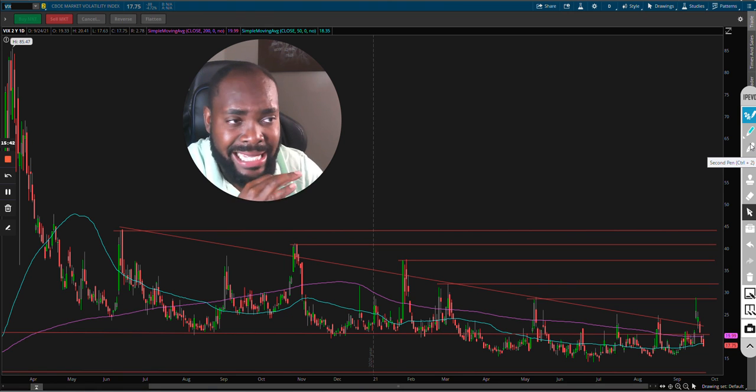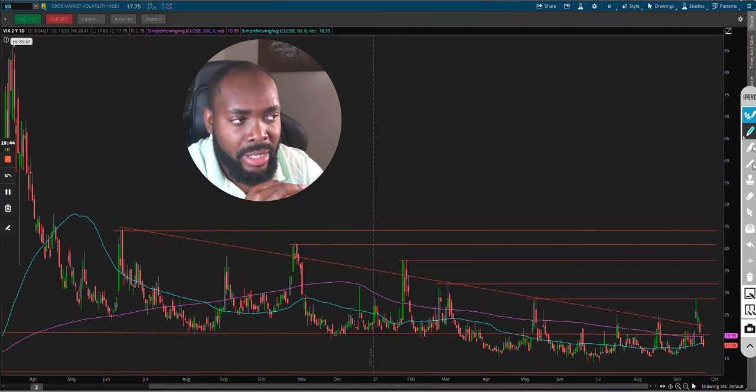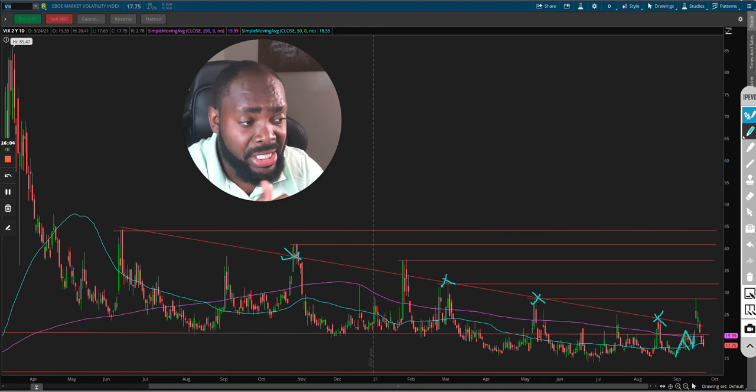So last week we talked about the VIX, and the VIX had set up in this bullish pattern, which I didn't really see coming as hard as it did. We were watching this downtrending resistance line for a soft breach, but as you can see, guys, on Monday this thing just gapped up, came up into this resistance level, and here the VIX is coming back down.